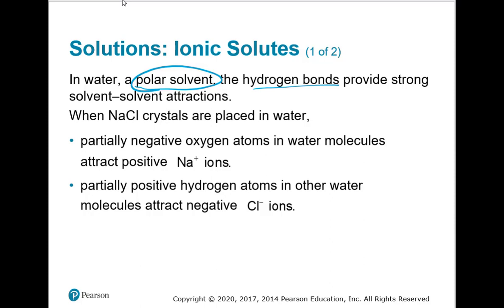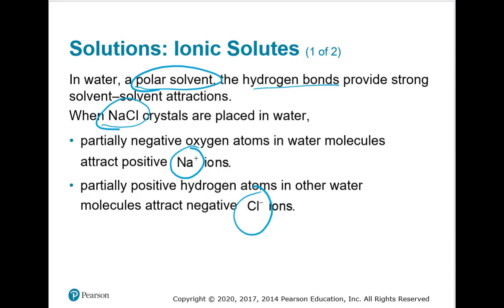Now let's say that we have NaCl crystals, sodium chloride. Na forms a +1 ion, and Cl forms a Cl- ion, and those form an ionic compound. Now an ionic compound is extremely polar. It's not in the polar covalent or nonpolar covalent category.